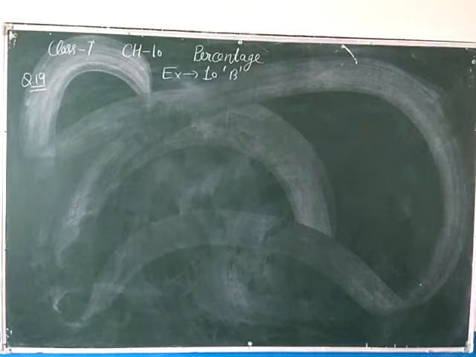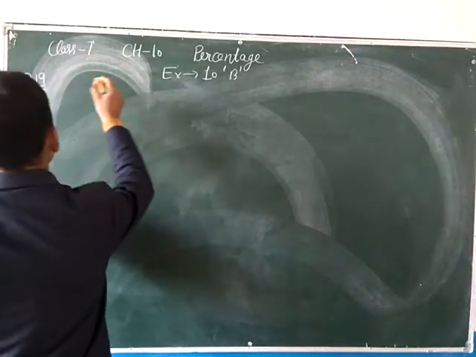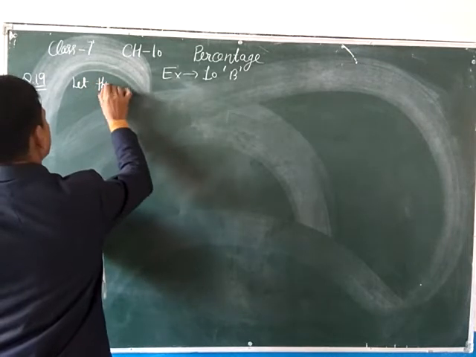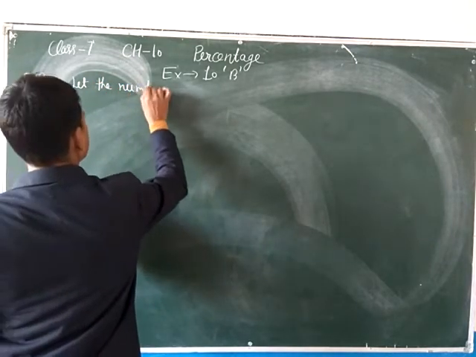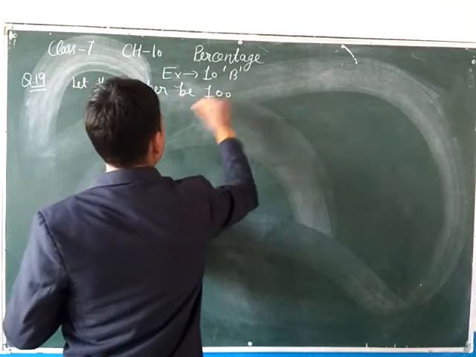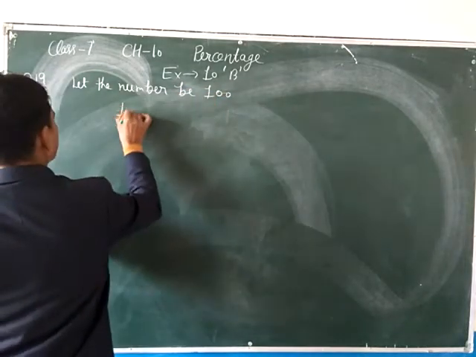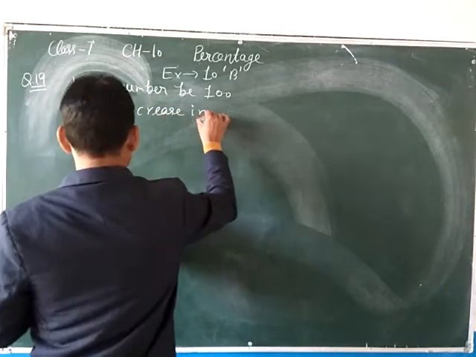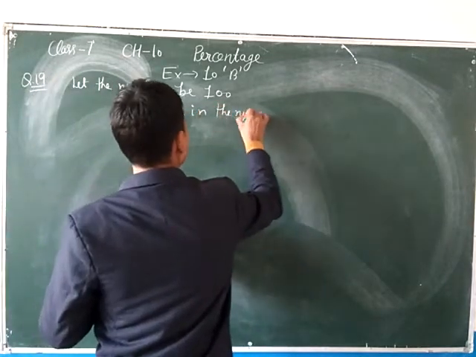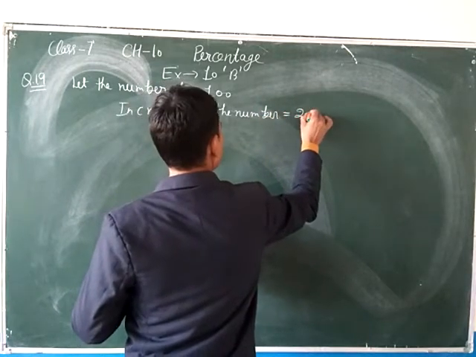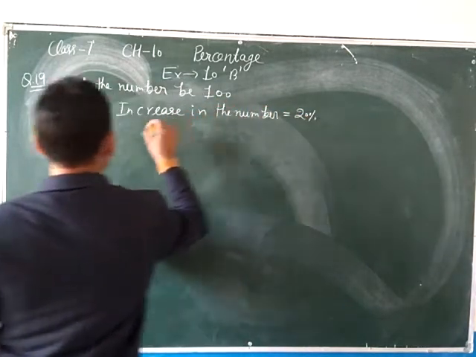So firstly, let the number be 100. Increase in the number equals 20%.